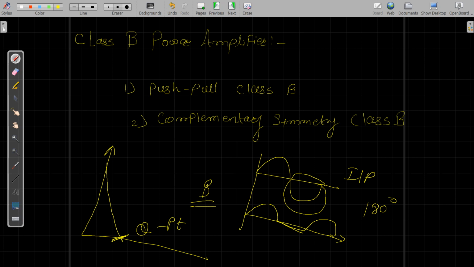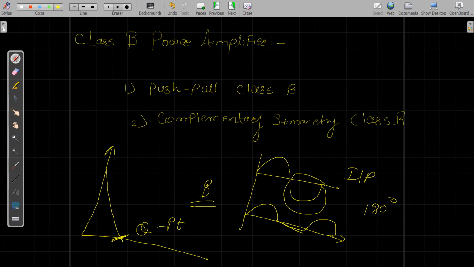Therefore, in case of Class B power amplifier, if you compare with a Class A power amplifier, in Class A power amplifier, whether it is a series fed, directly coupled or transformer coupled, we need only one transistor, because that one transistor was capable of giving the output for the entire duration of the input cycle.